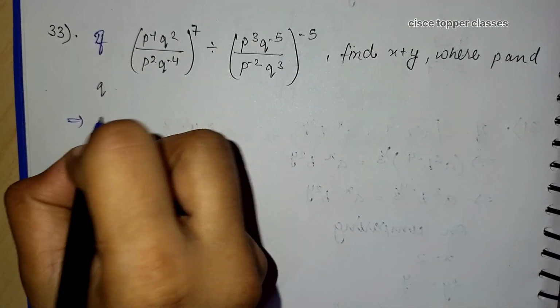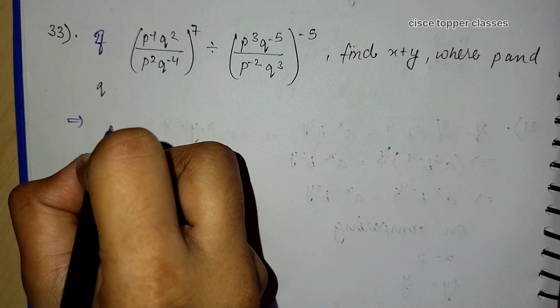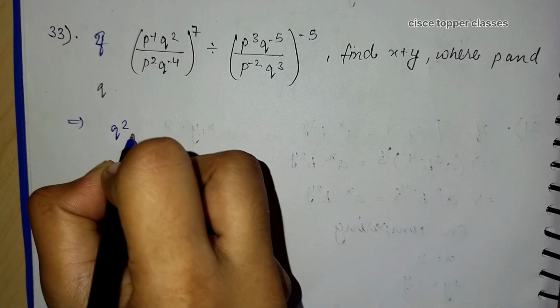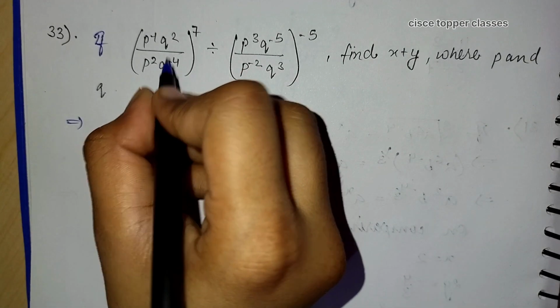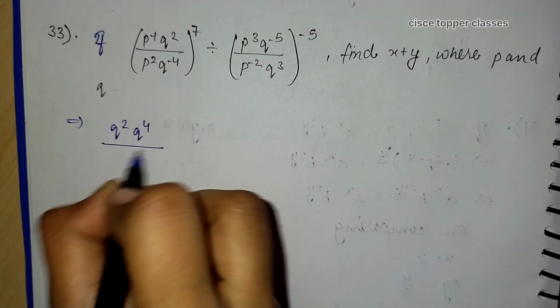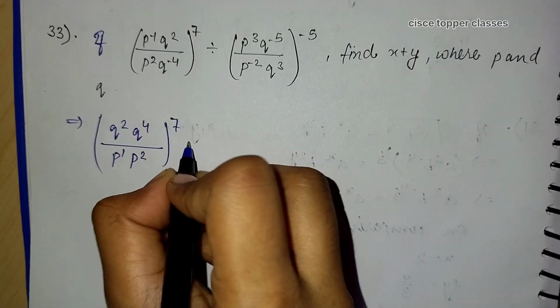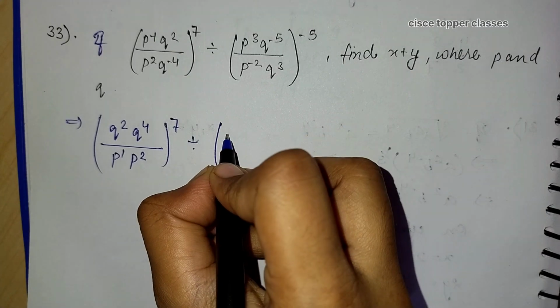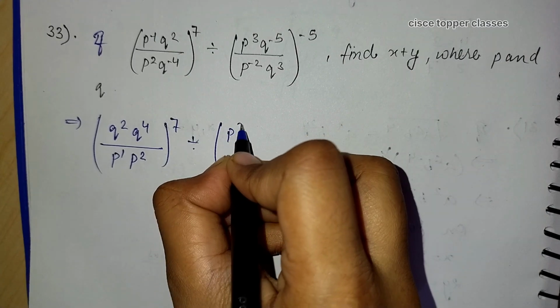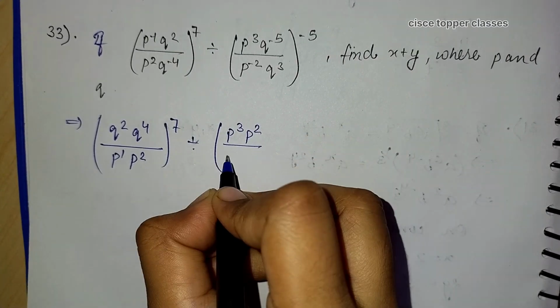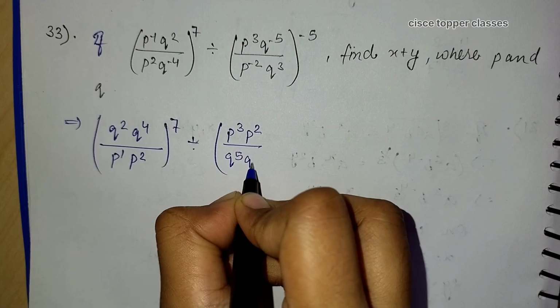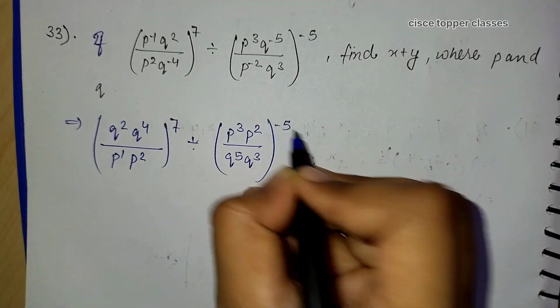We can write this part as q^2 and q^4, as -4 will be 4, and here p^1, p^2, whole power 7, divided by p^3 and p^2, divided by q^5 and q^3, whole power -5.